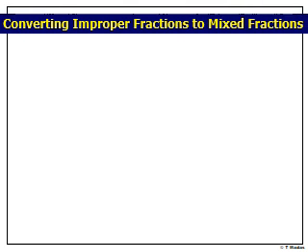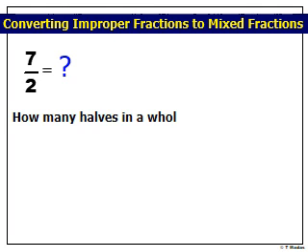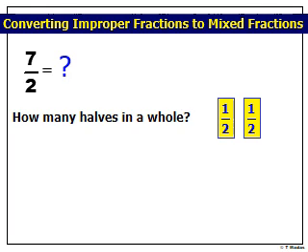Now, what if I want to convert an improper fraction into a mixed number? It's very easy. Suppose I have 7 over 2 and I want to represent it as a mixed number. How many halves are there in a whole? So how many 2s are there in 7? So 1 over 2, 1 over 2.